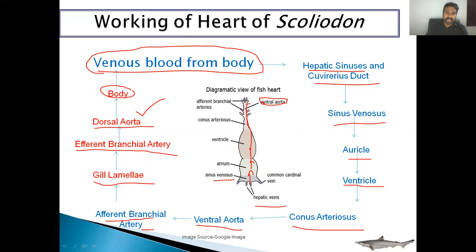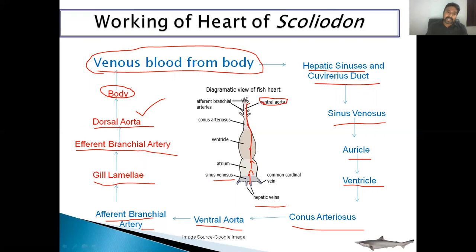The blood collected from the gills is oxygenated blood, collected by the efferent branchial artery, and then it goes to the dorsal aorta, the largest artery situated on the dorsal side of the body, and is supplied to the body. Oxygenated blood is supplied to the body.